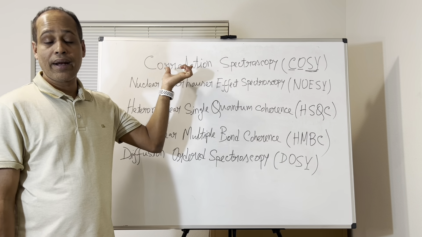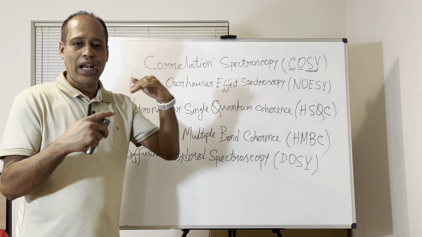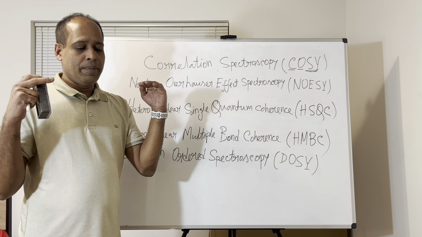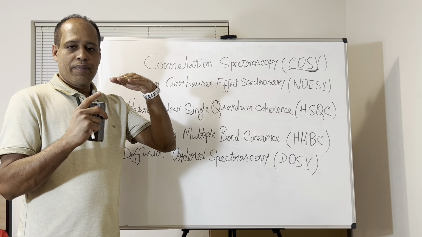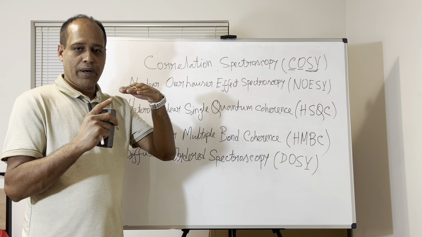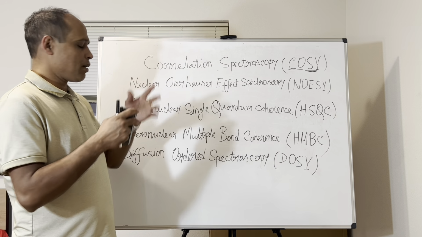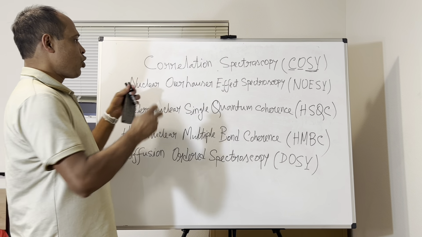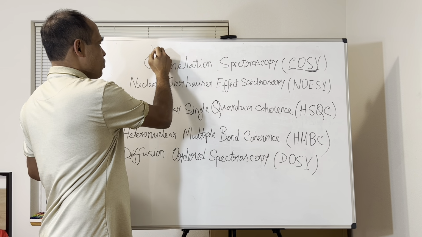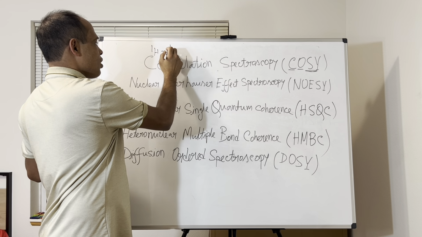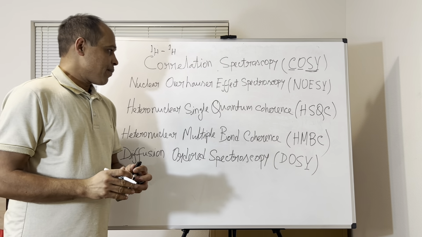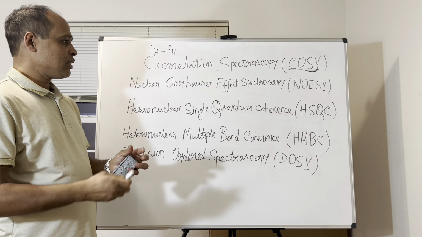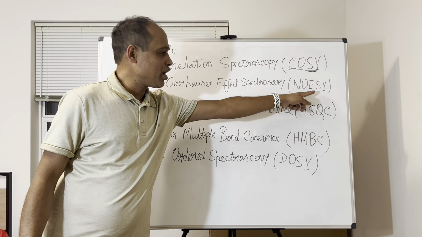From the name you can guess it is correlated, comparing the same compound's proton NMR with proton NMR in two dimensions. That's why sometimes people also say proton and proton correlation spectroscopy. In short, COSY.